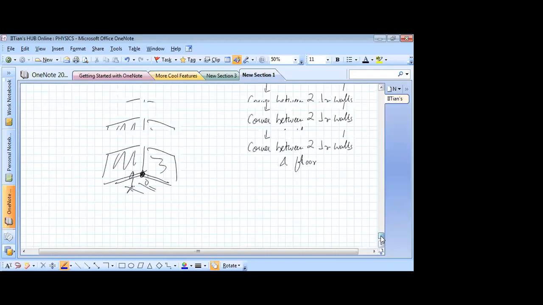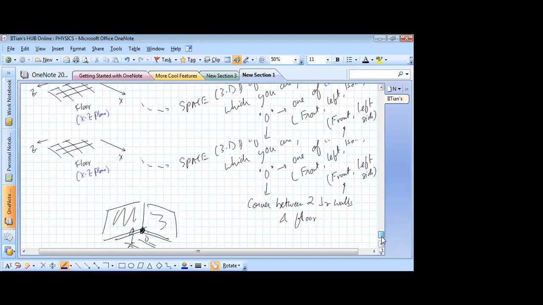Okay, so this is the way we visualize the three-dimensional system.